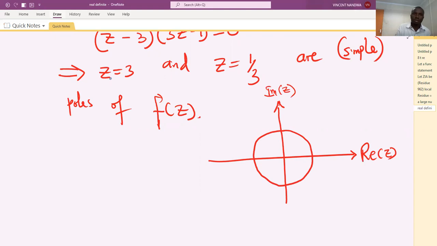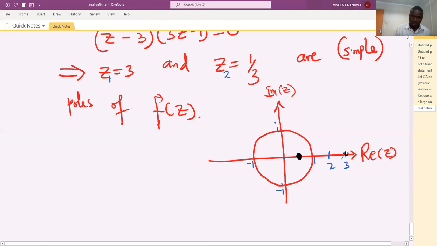So if we call this one z1, this one z2, so you see this would be -1, this +1, negative i, positive i. So a third would be somewhere here. And then this is where I have z1. So this is outside, so we don't care about this. We concentrate on this one that is within the unit circle.